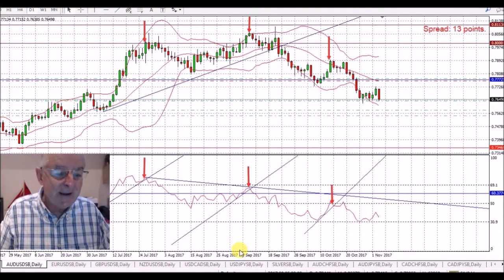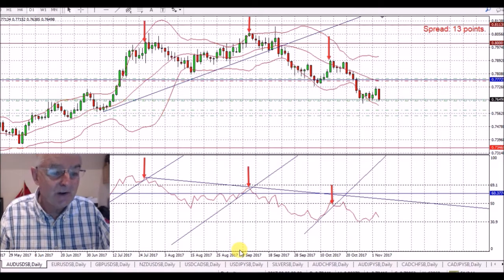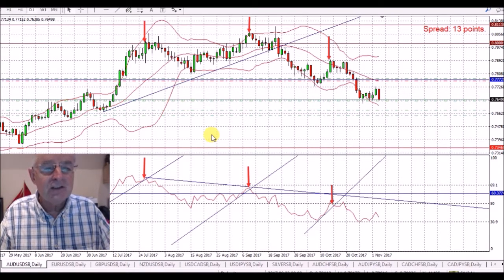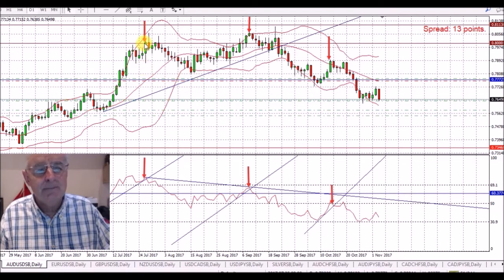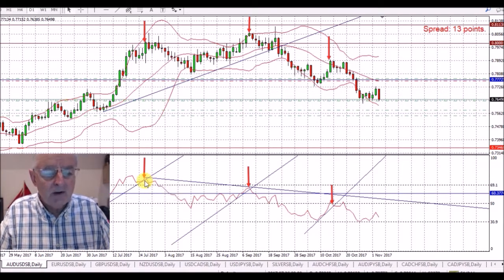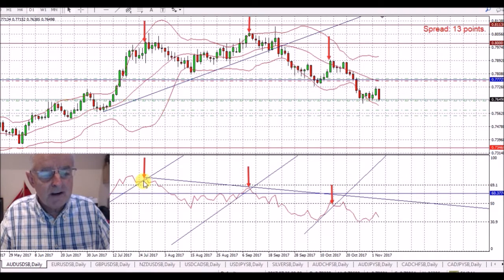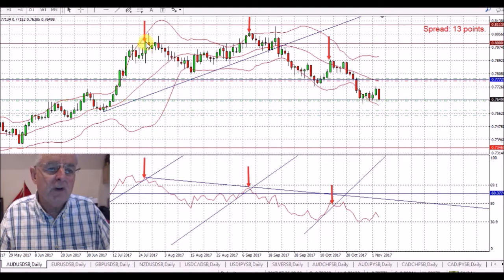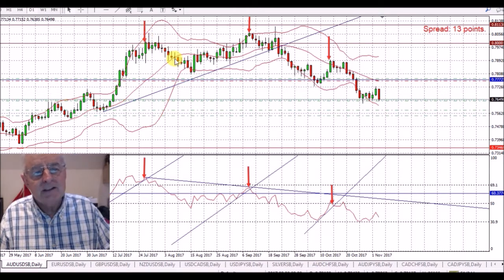Okay, so this is the Australian dollar US dollar chart for the same period, and we were looking for the Australian dollar to go short against the US dollar. From the RSI chart we put a trend line up, and when we got a break, we went short, and we got this nice move down here.